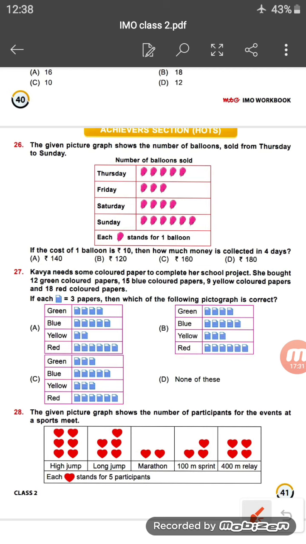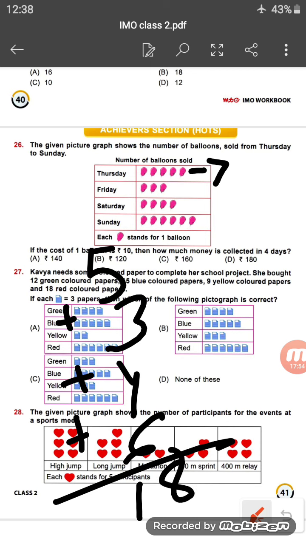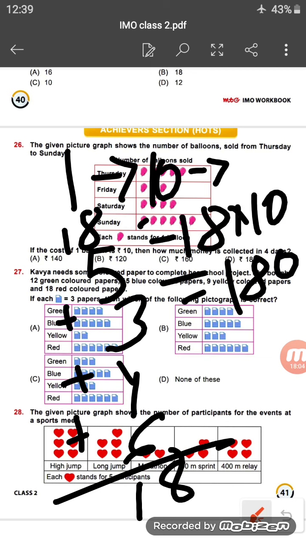Now we will add these, means 5 plus 3 plus 4 plus 6, the number of balloons, it is 18. If one balloon costs 10, then 18 balloons will cost 18 into 10, so it is 180. That's it, 180.